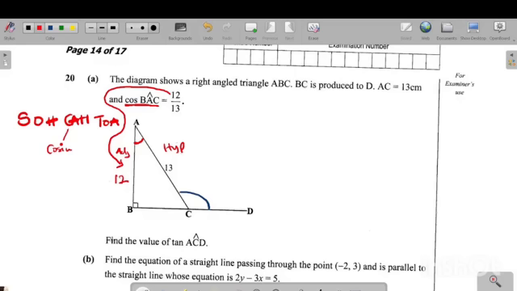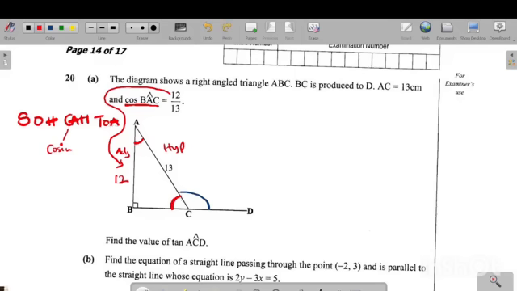Now the question is saying find the value of tan ACD. So this angle here. This angle is an obtuse angle, so you cannot find the tan of this angle without finding the tan of this angle here. Tan from SOHCAHTOA is opposite over adjacent.